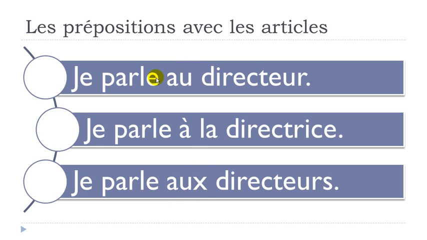So here o, masculine form, plural form o as well. And for your information, I did put this directeur here, but it could be directrice, so it could be the feminine plural. It wouldn't change anything because it will be still this o, so for the masculine or the feminine plural, it will be aux, all right?